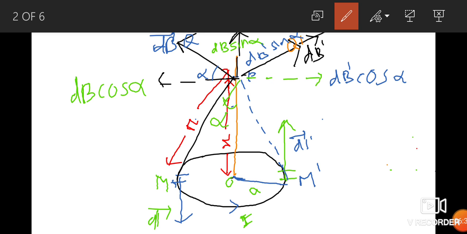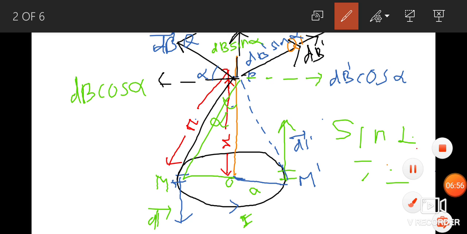In triangle PMO, where angle MOP is 90 degrees, from the figure we get sin alpha equal to a by r.